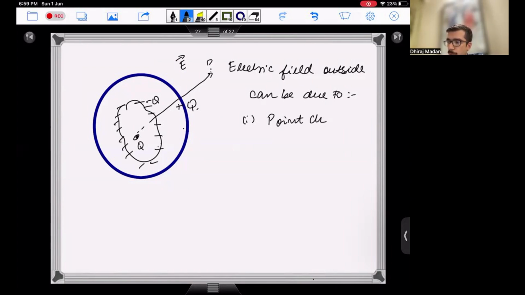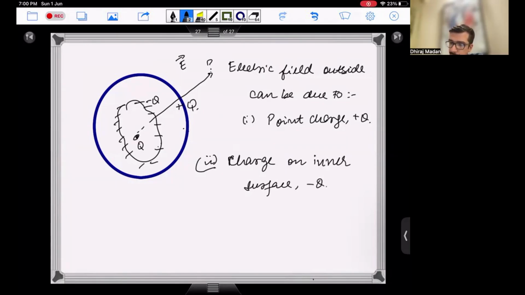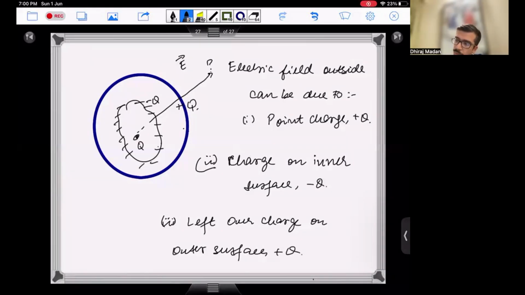So it can be due to the point charge plus q, next the charge on the inner surface, minus q, and thirdly the leftover charge on the outer surface, which is plus q. So there are these three sources of electric field.